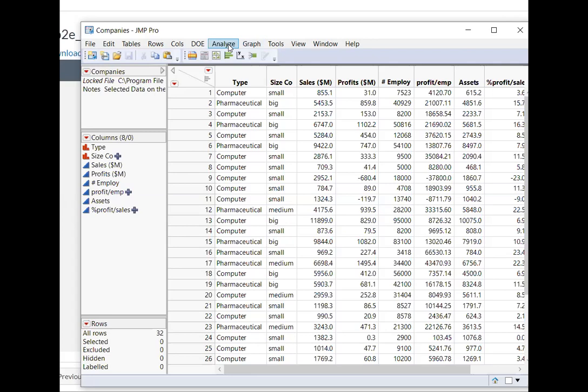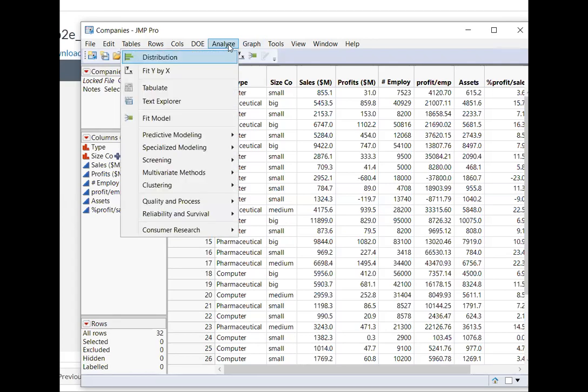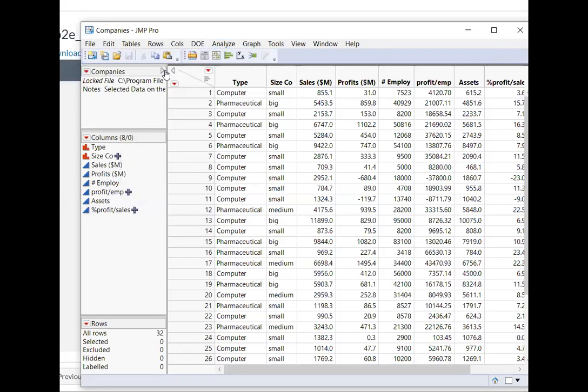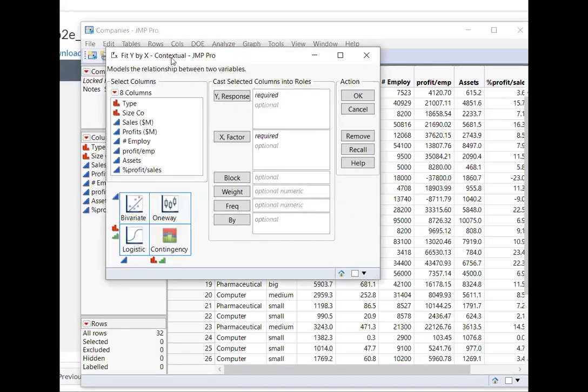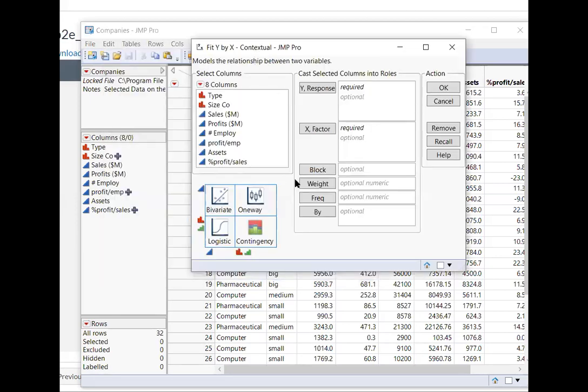To analyze this, we go to Analyze, go to Fit Y by X, because it's a one-on-one regression analysis. So bring in sales, which is your dependent variable, and bring in your number of employees, probably.